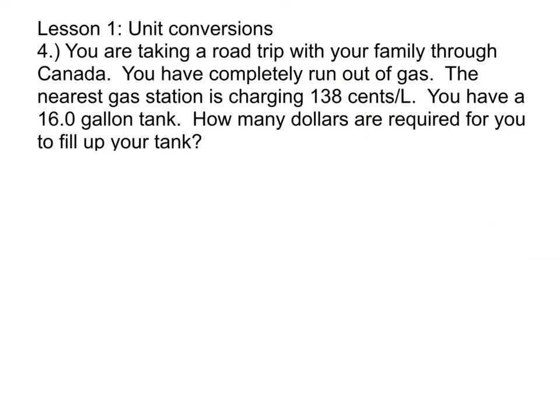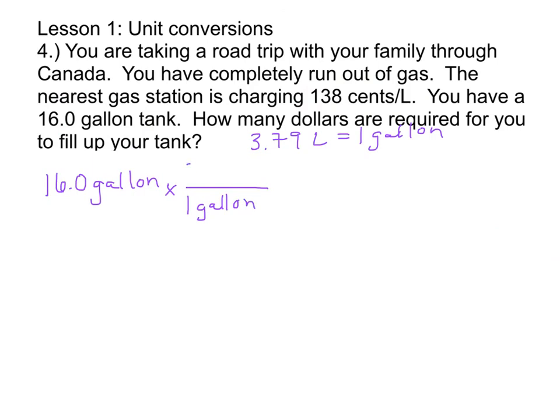Okay, so we'd start off with our 16-gallon tank. And if you look on your conversion reference sheet, you'll find that there are 3.79 liters in 1 gallon. So we're going to need that conversion factor. So we'll put gallons in the denominator so that they cancel out. So 1 gallon is 3.79 liters.